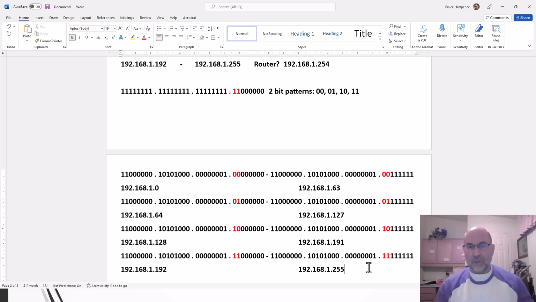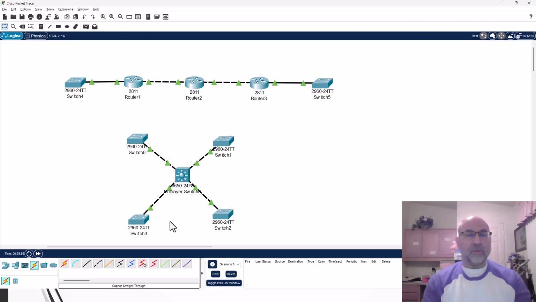Okay, well, what would the topology look like for something like this? Well, we might have a couple of topologies, right? So I might have the addressing look like this. This might be 192.168.1.0.